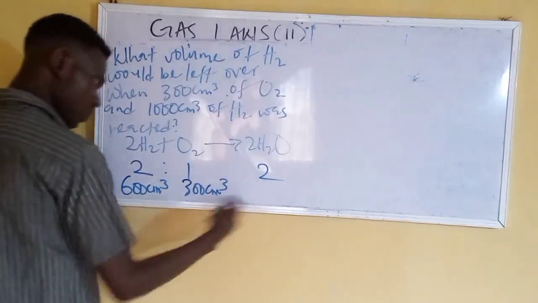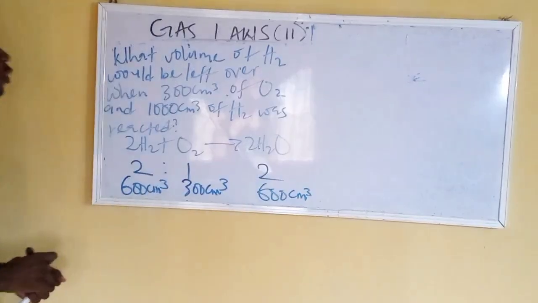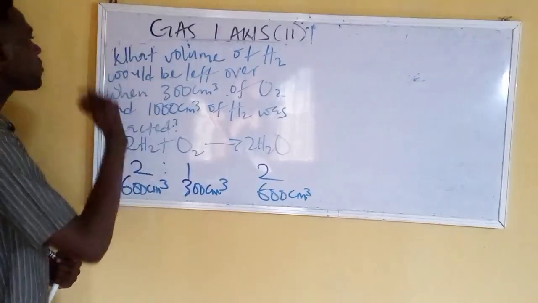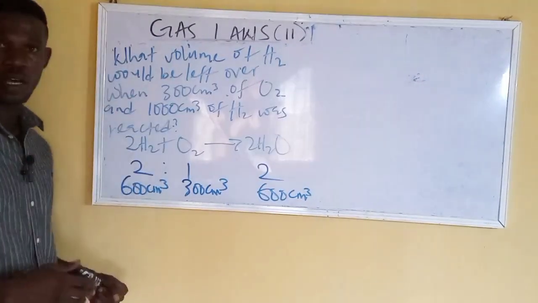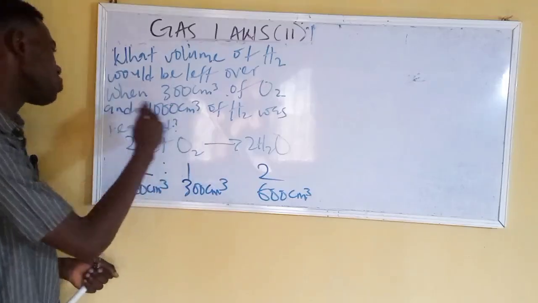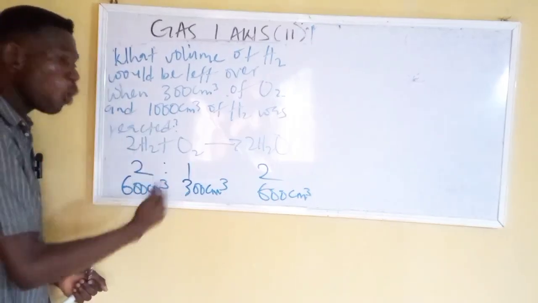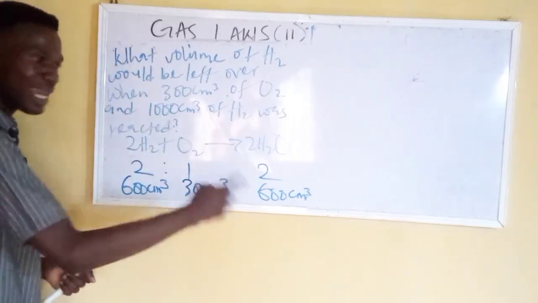That would bring forth 600 centimeter cube of H2O. So if the question is what volume of H2 would be left over, it means that of the available 1000 centimeter cube of hydrogen, only 600 would react.